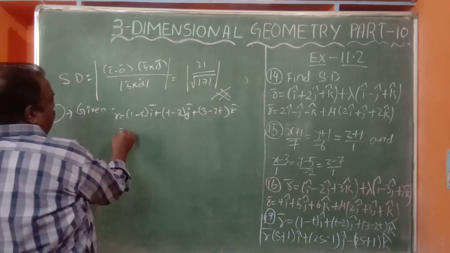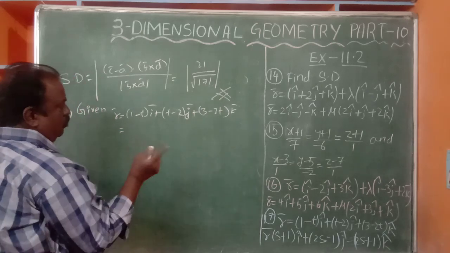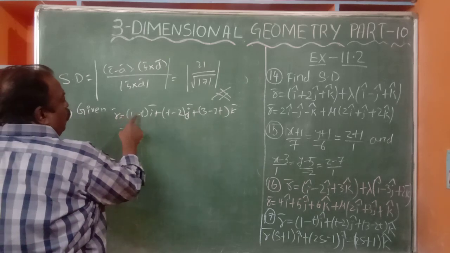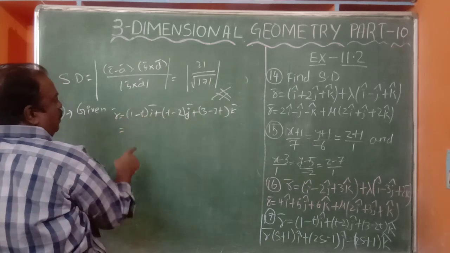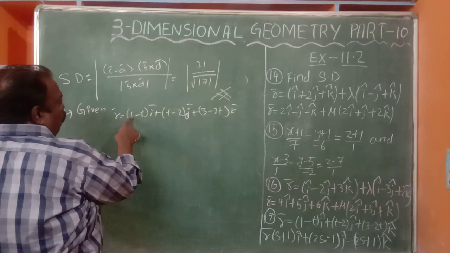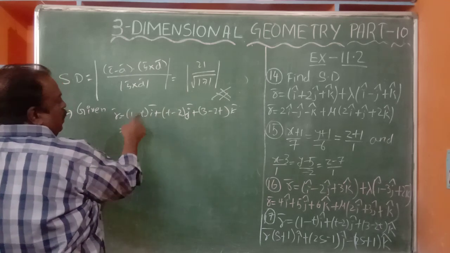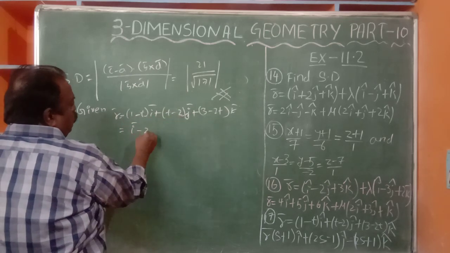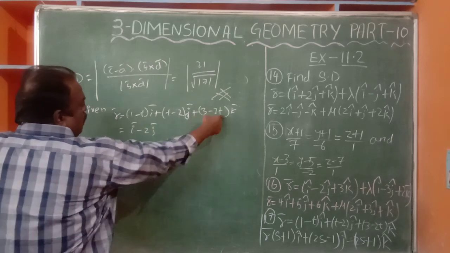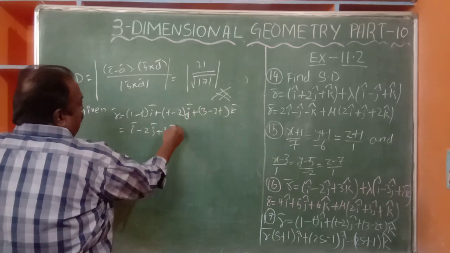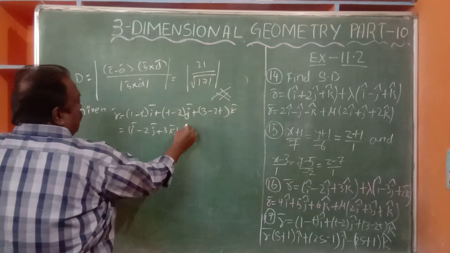Observe here; I want to simplify. There are t coefficients and constants. So 1i, minus 2j, plus 3k.